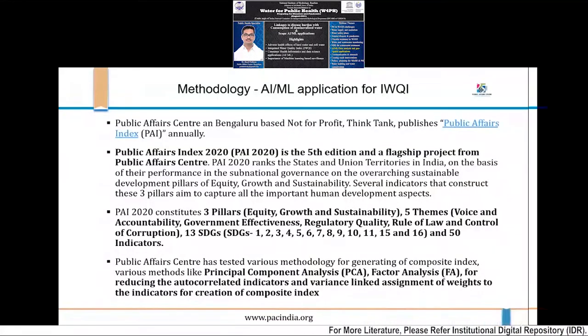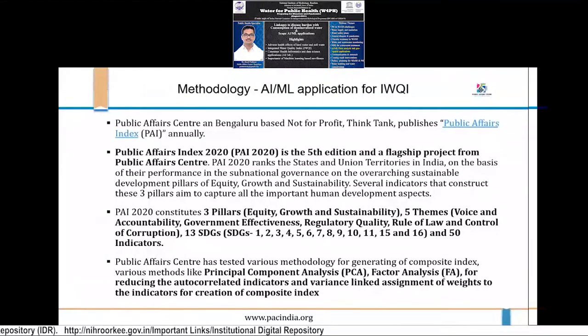For developing the index, we have tried various methods from simple average to PCA to factor analysis, and we are trying to see how the machine can assign weights to these factors. When it comes to a water index, there are limited indicators, around 5 to 10, that have to be assigned weights, and it requires a lot of data from various sources that can be run through a machine, wherein factor analysis can be applied to work on the variance in this data, and thus the weightage can be assigned.